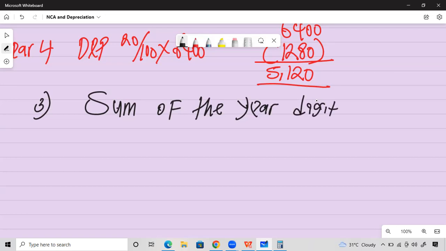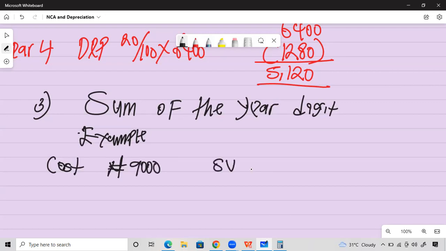Let's say, for example, you have an asset under sum of the year digits. The asset costs 9,000 naira. The scrap value is 1,800.